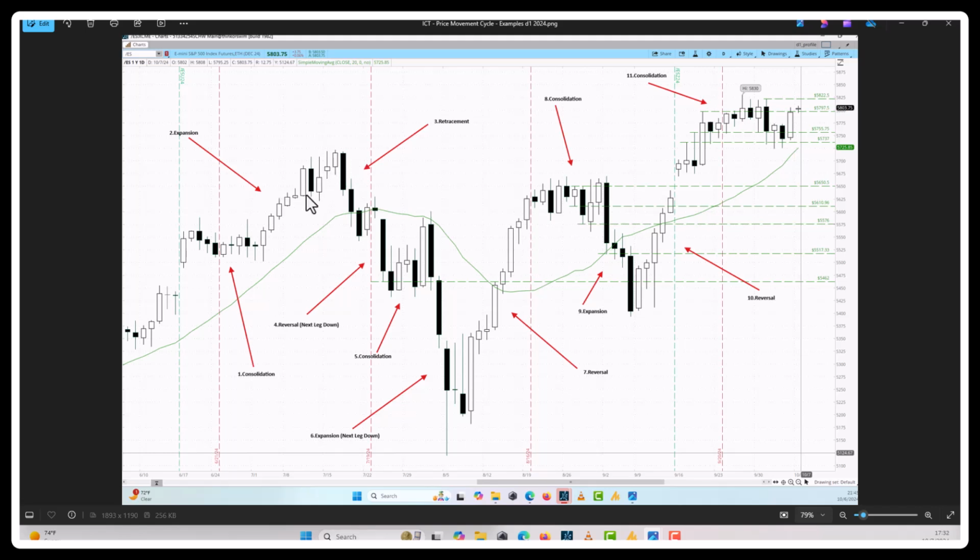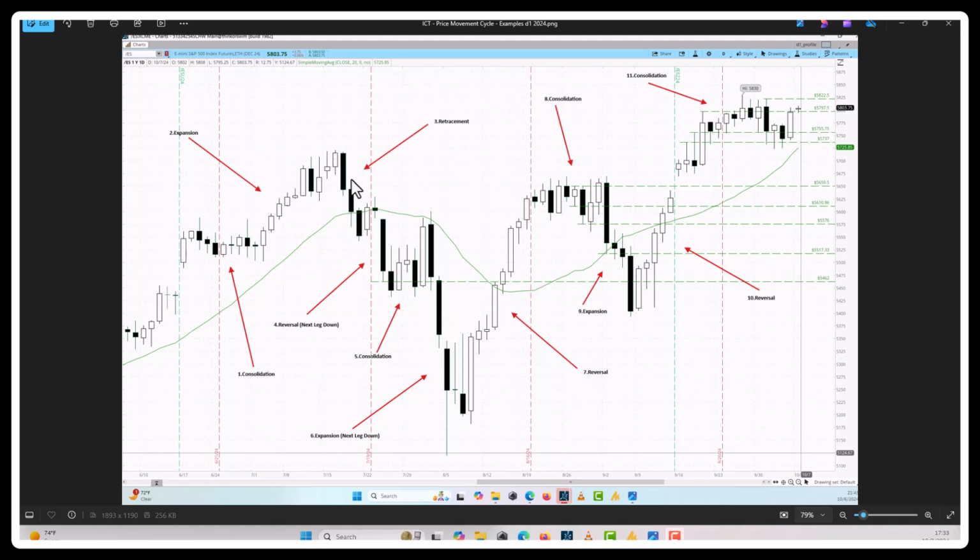And right after that second leg, it does a what? Reversal. Or you can say it's a retracement right there. You see that? So this is a retracement, and then it makes another leg down, which is a retracement.